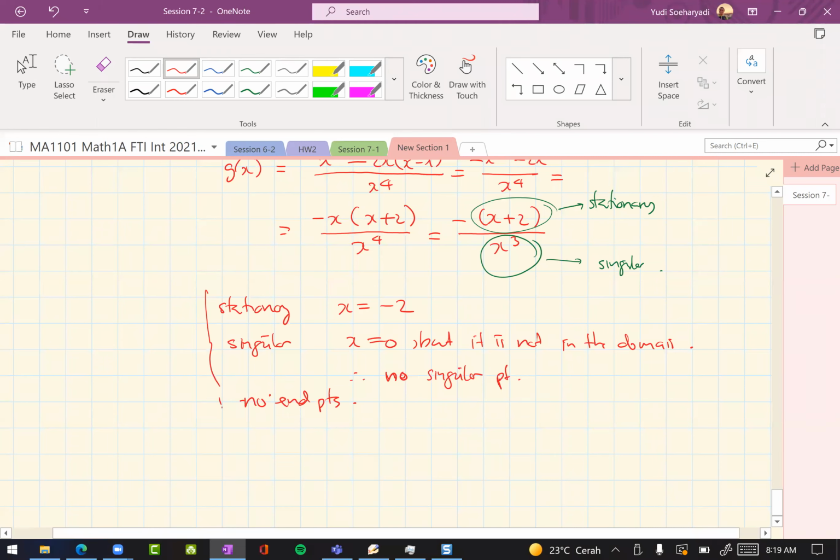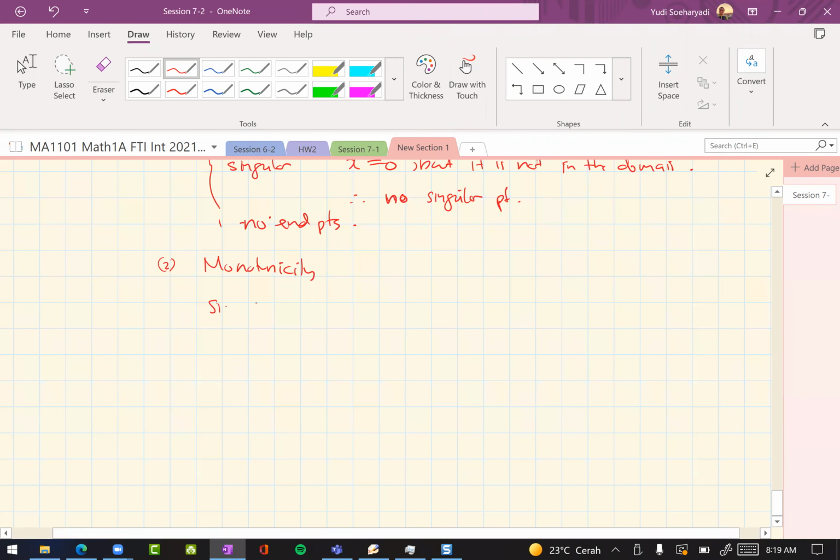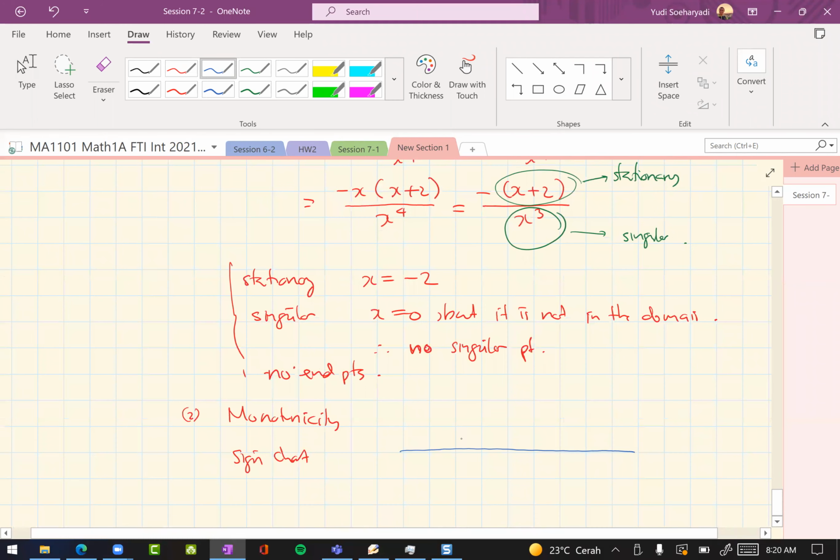All right, what about monotonicity? So you need to find the sign chart. Let's indicate 0, it is not on the domain, but we still need to indicate this one. So 0 and -2.